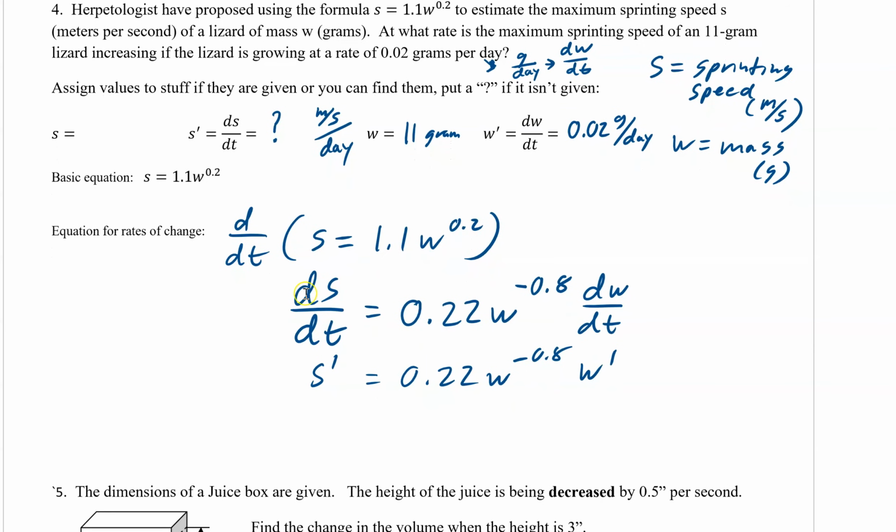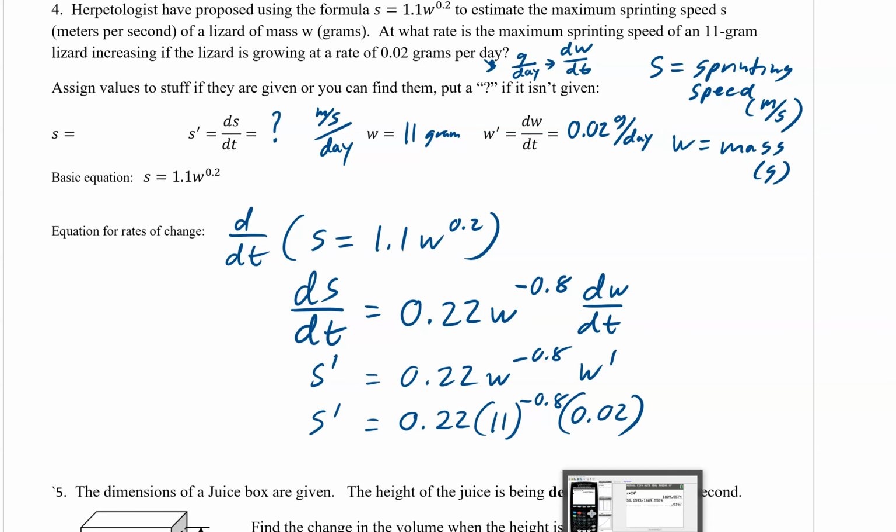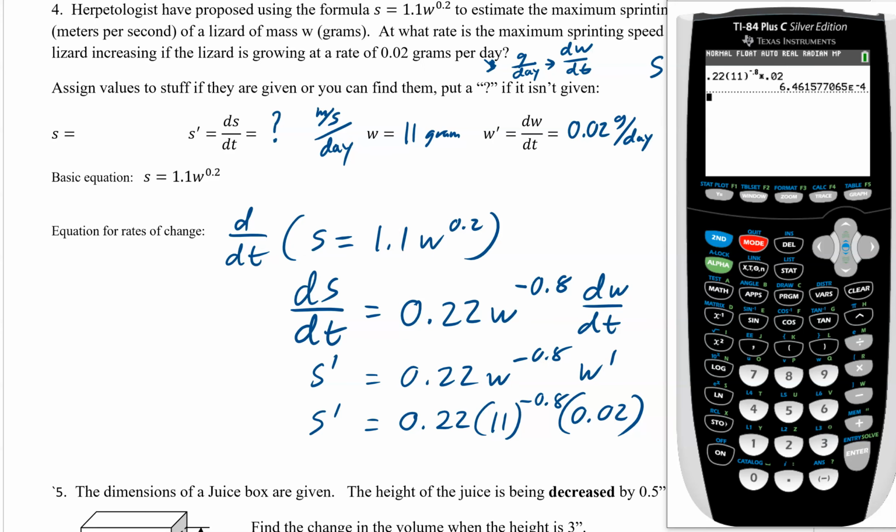All right, and so if you've already listed everything up here, we can then just plug them in. So S prime equals 0.22, plugging in 11 to the negative 0.8, and then multiplying that by W prime. Okay, so plugging this in our calculator, we end up with this.